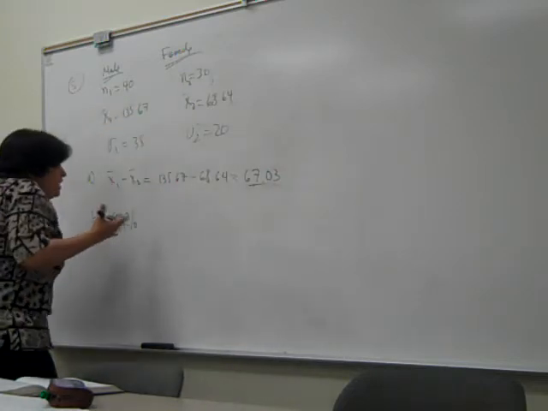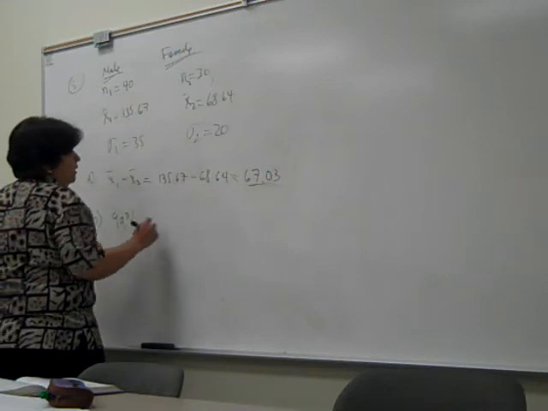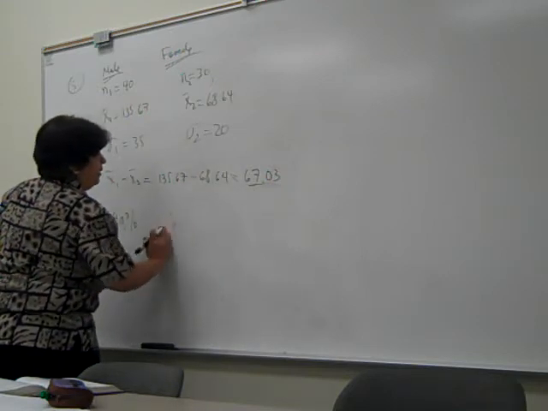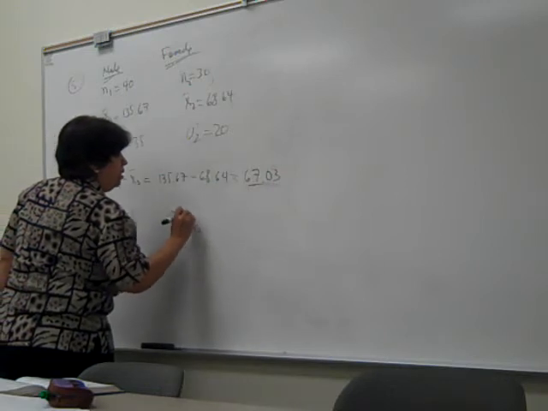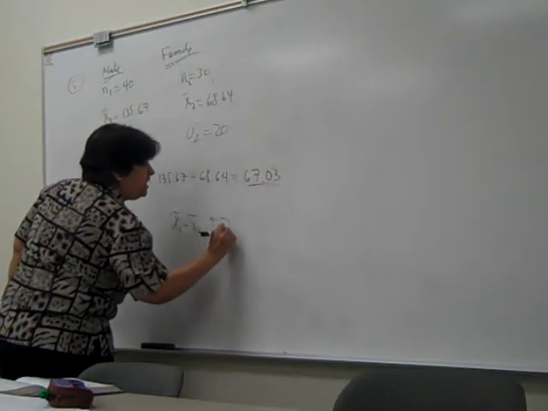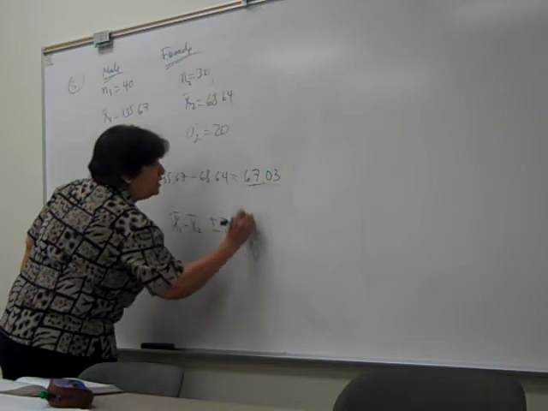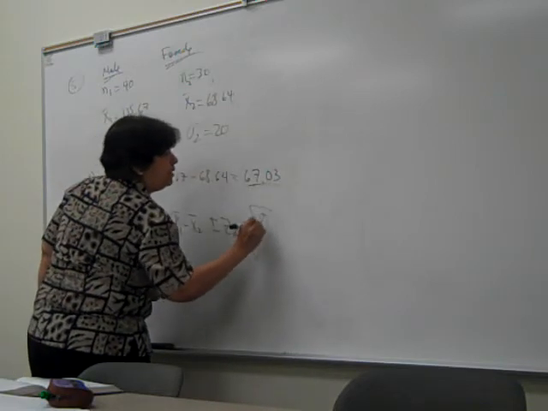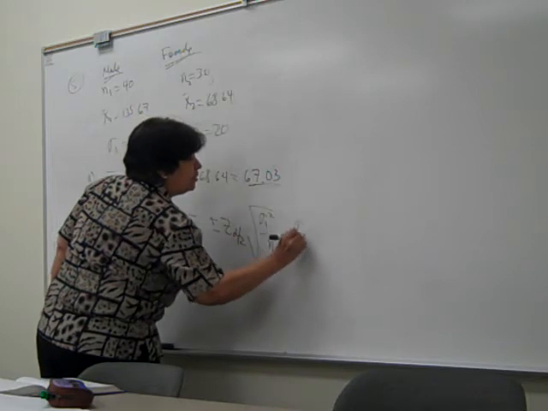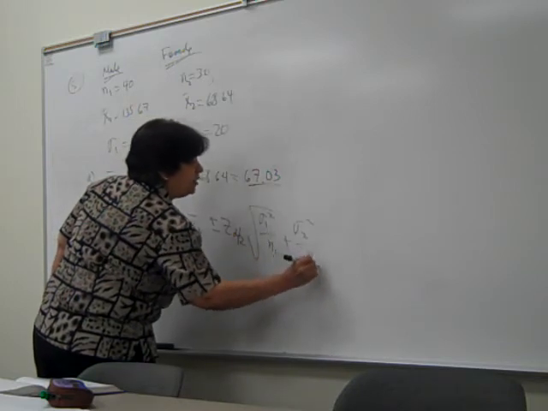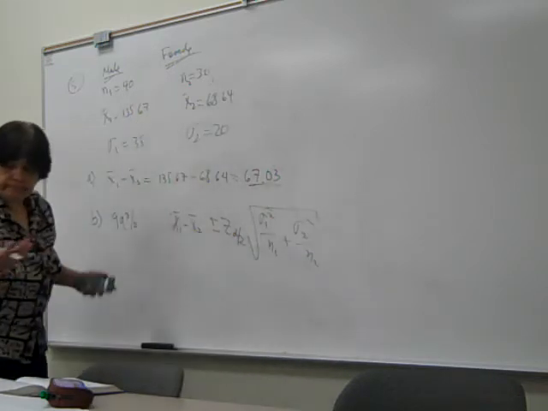Now, what is the 99% confidence interval? It is x1 bar minus x2 bar plus or minus z of alpha divided by 2 times the square root of sigma 1 squared divided by n1 plus sigma 2 squared divided by n2. That's it.